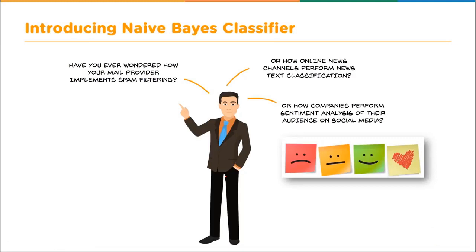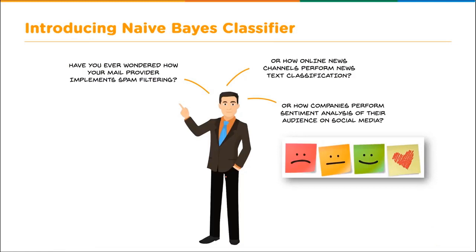And the third one is how different social media organizations do sentiment analysis of their audience on social media. Everyone frequently logs into their Facebook account as well as Twitter accounts. Whenever we upload some videos or information, our followers log in and view whatever content we have posted.